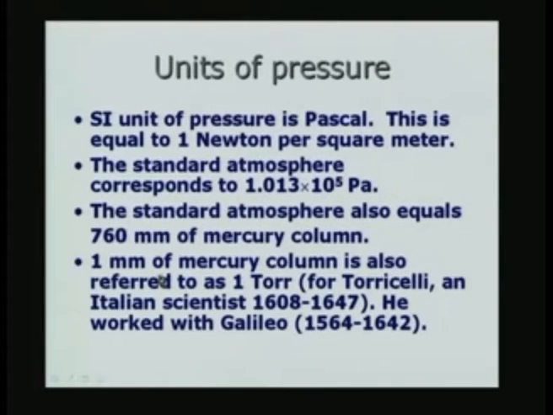So, 1 millimeter of mercury column is also referred to as 1 torr. Torr is named after Torricelli, an Italian scientist who lived in the 16th century, 1608 to 1647. He worked with Galileo. He was in fact an assistant to Galileo, who lived from 1564 to 1642. In fact, Galileo and Torricelli are very important from our standpoint, because Galileo was the one who quantified the measurement of temperature for the first time.